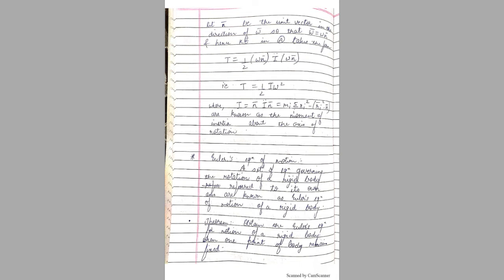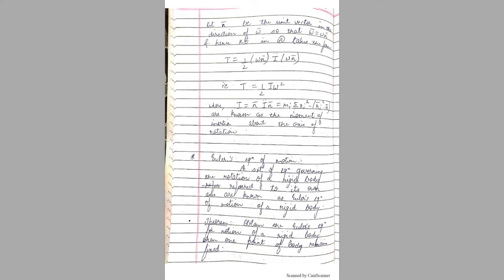Now I will teach Euler's equation of motion. Euler's equation of motion is a set of equations governing the rotation of a rigid body referred to its own axis. Such equations are called equations of motion.